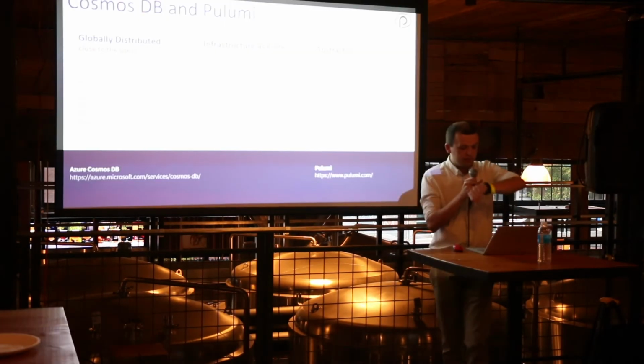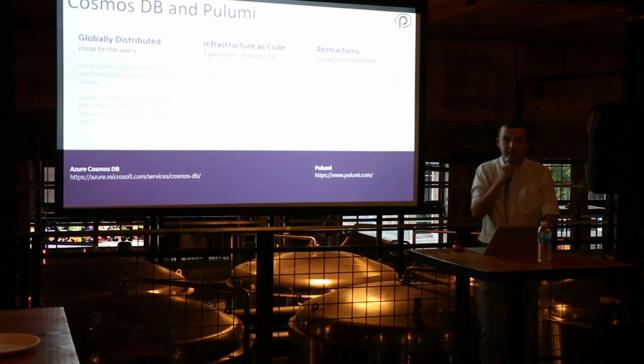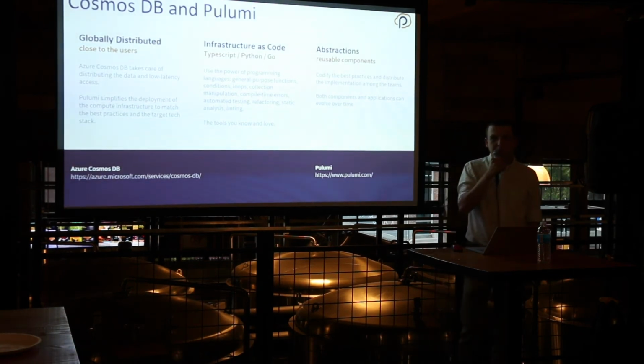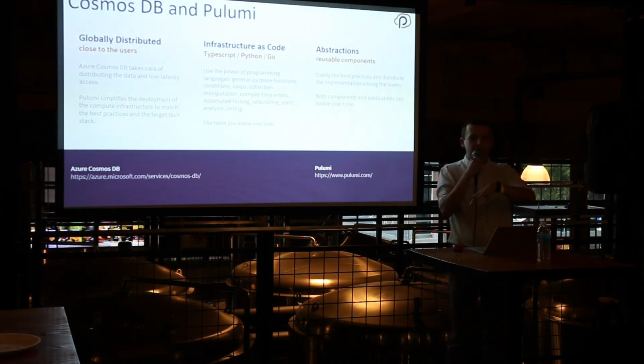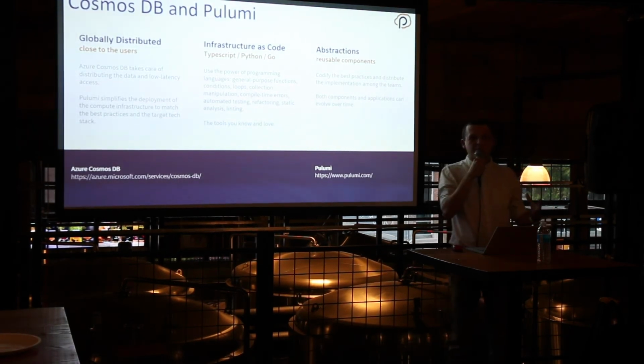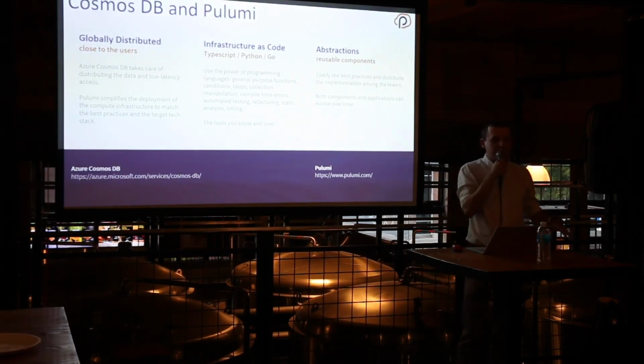So to wrap it up: we looked at the power of Cosmos DB to solve the hard problems of distributing data around the world. But it's still not trivial to create applications which are globally distributed and embrace this power to the full extent.